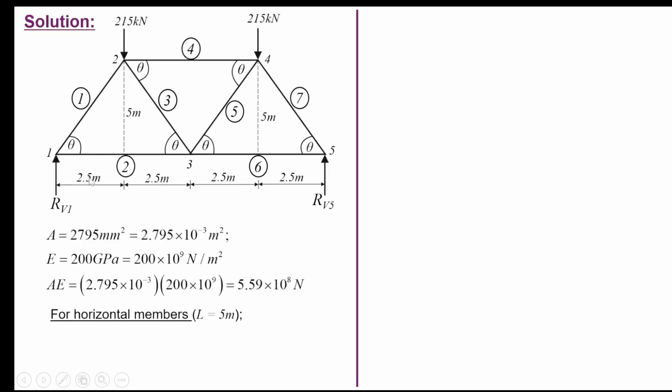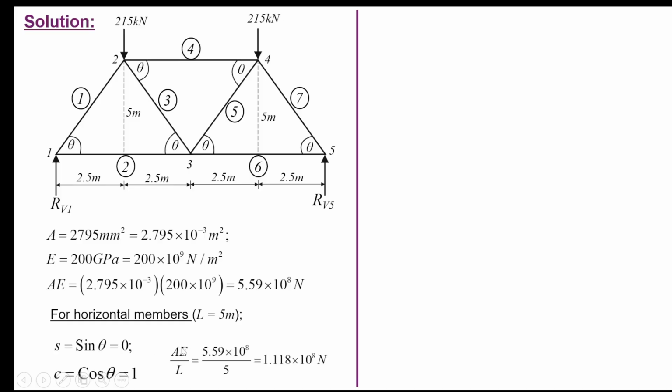For the horizontal members, they are 5 meters, 2.5 plus 2.5. There are three horizontal members: member 2, member 4, and member 6. The length of those members is 5 meters. For such members, sine theta is equal to 0 because they are already horizontal, and cos theta is equal to 1.